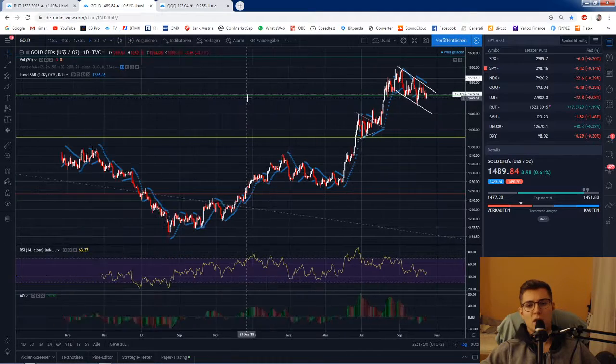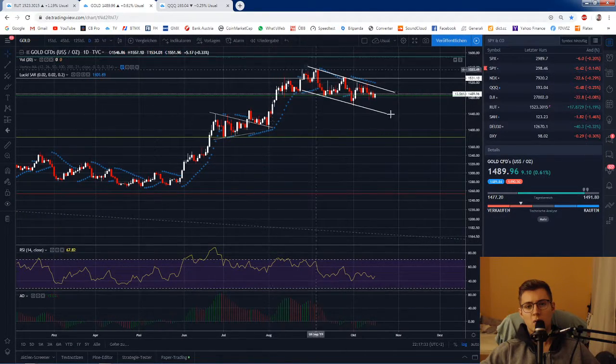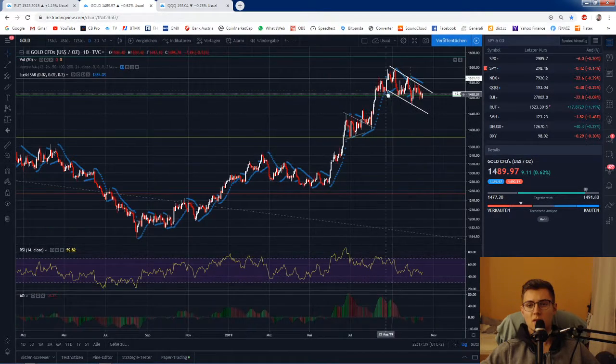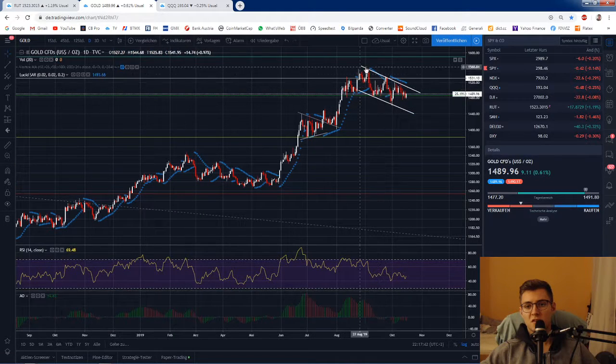So also a bull flag is forming on gold on a daily time frame. We have lower lows and lower highs incoming, and whilst this is a short-term to intermediate downtrend, I think this will change, reset, and in the next weeks we get a bull break, maybe even if the major U.S. indices break to the downside, then maybe this will coincide.